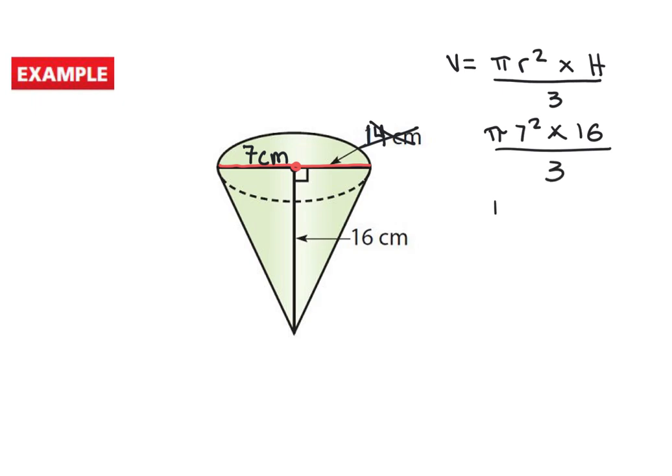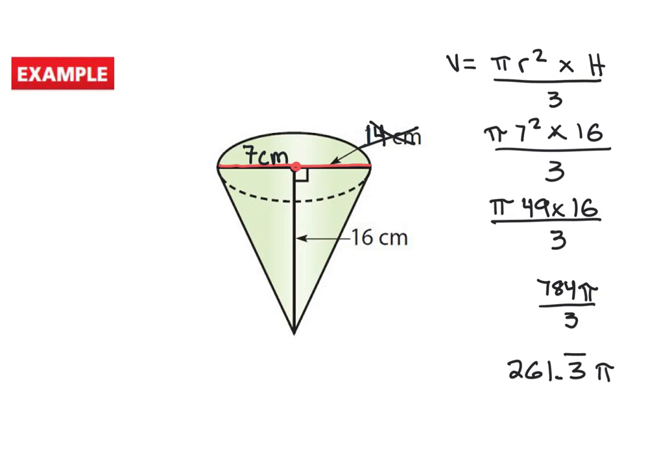7 squared is 49. So 49 pi times 16 divided by 3. 49 times 16 is 784 pi, and we divide that by 3. 784 divided by 3 is 261.3, repeating, pi centimeters cubed.